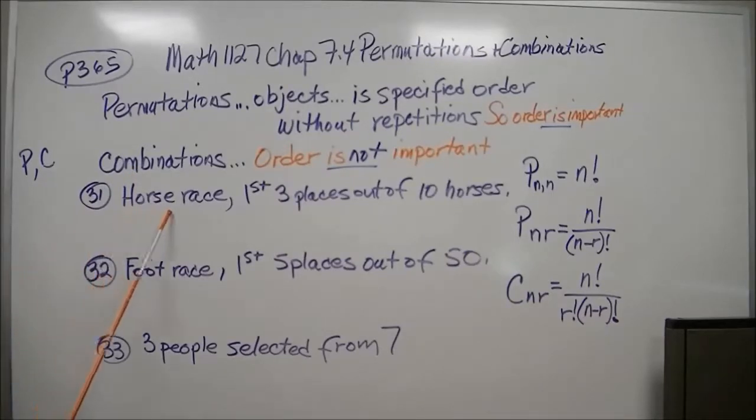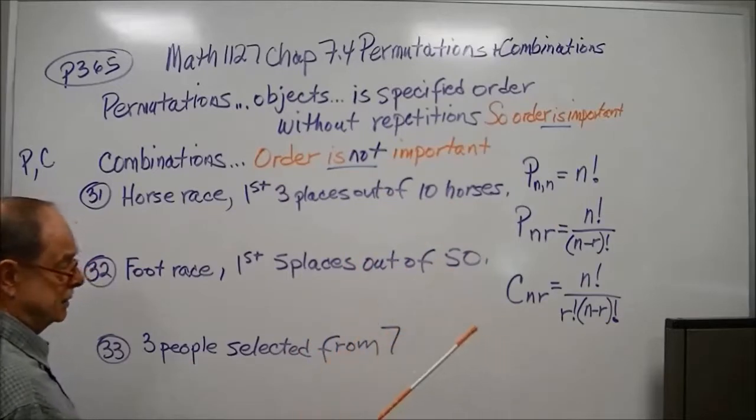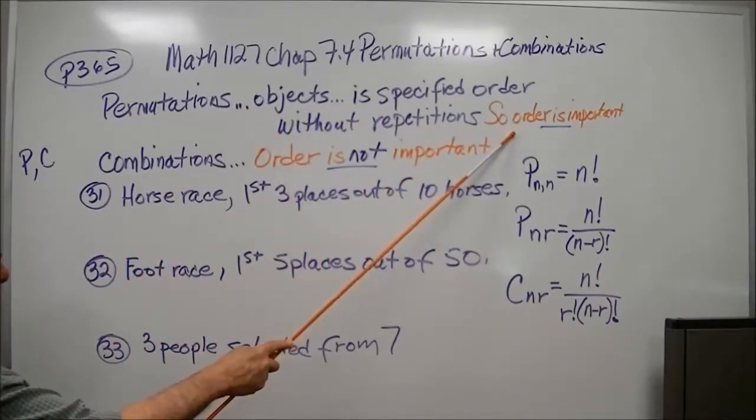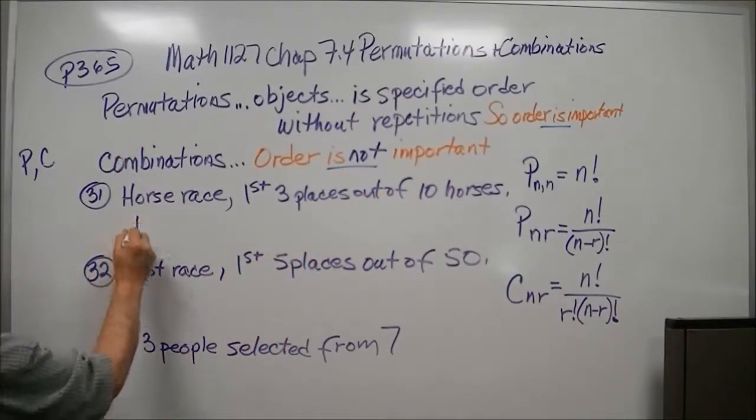So in a horse race, the first 3 places out of 10 horses in the race. When you're talking about a horse race, is order important? Absolutely. So this is going to be a permutation.